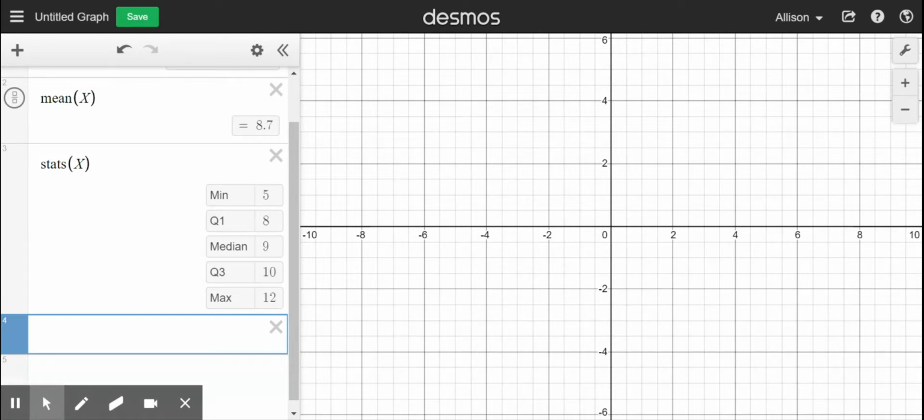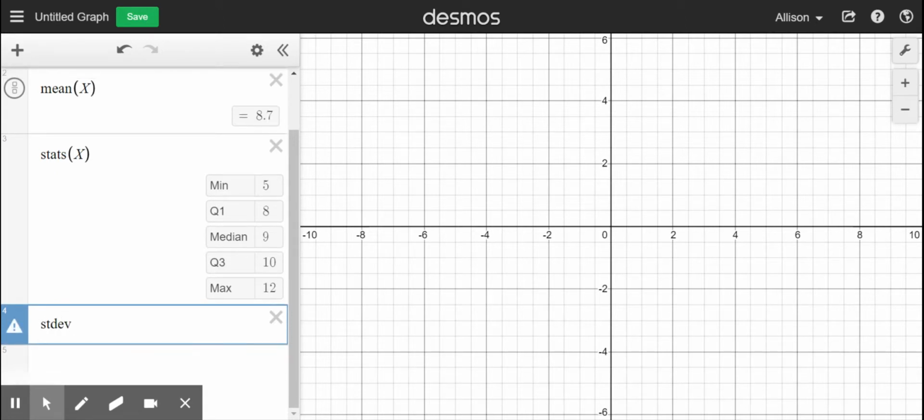The way we get standard deviation is to write stdevp, then parentheses, capital X, and it gives us the standard deviation right here. We really like to round this number to 3 decimal places.